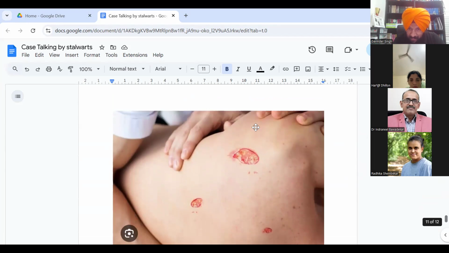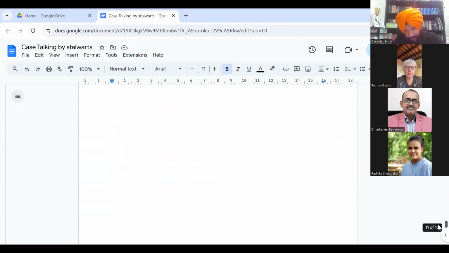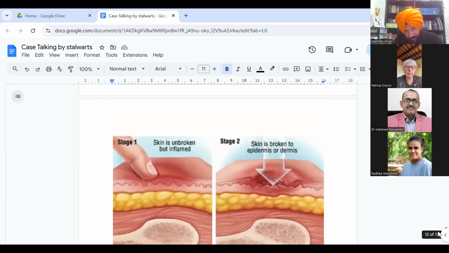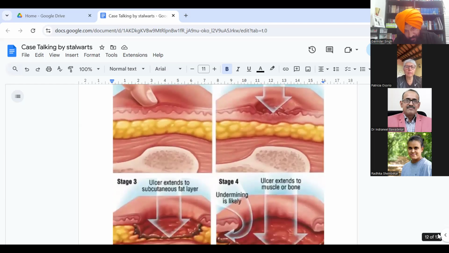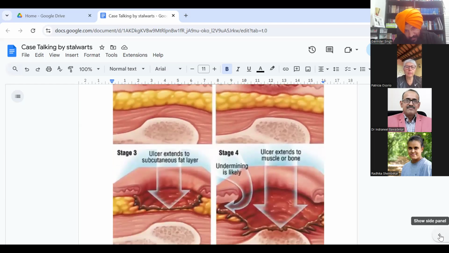So these are decubitus. Mostly bedridden patients have this type of ulcers.